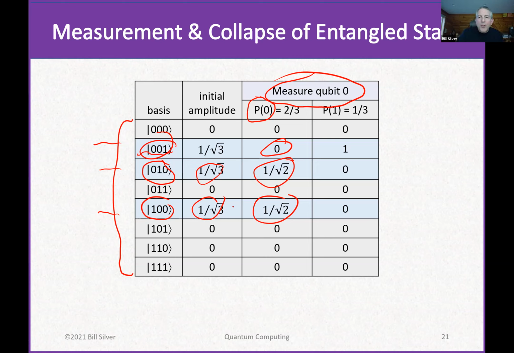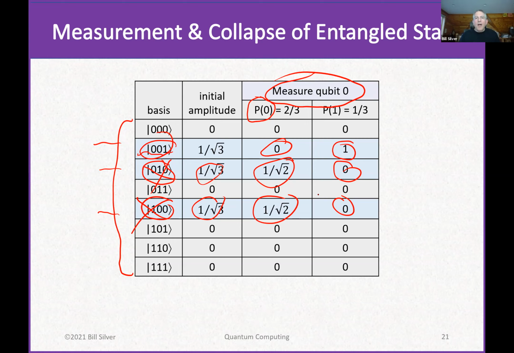If I happen to measure it as a 1, then the other 2 qubits can't be in that state, and can't be in that state. So I already know that the other 2 qubits are in the 0 state, and indeed they are. So if I happen to measure qubit 0 as a 1, all 3 qubits are now in a completely deterministic state, unentangled.